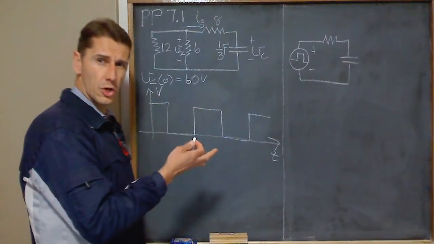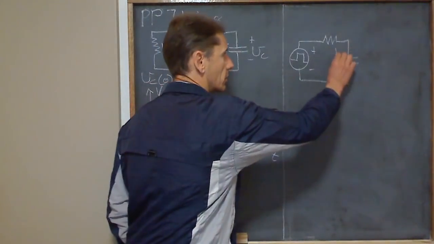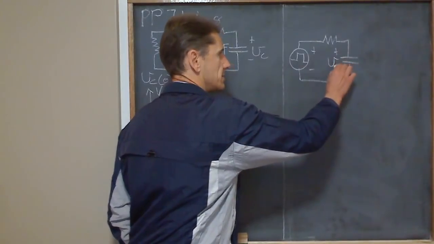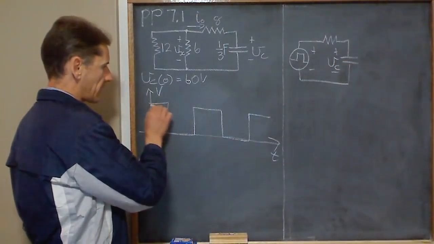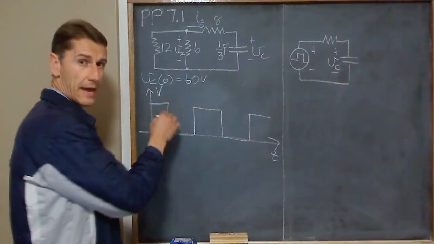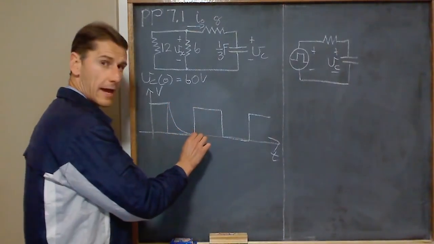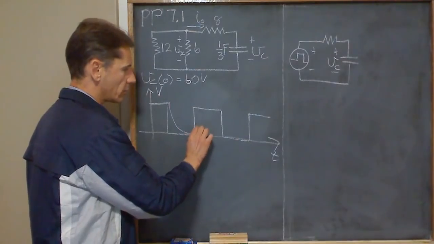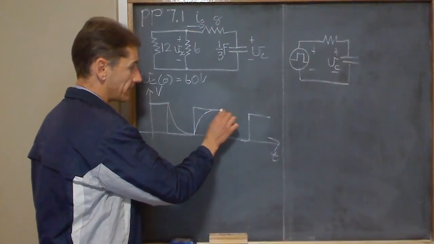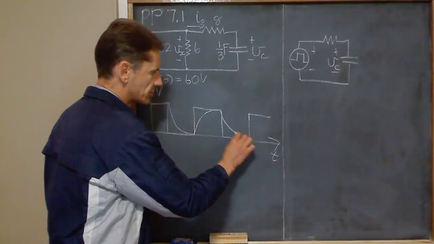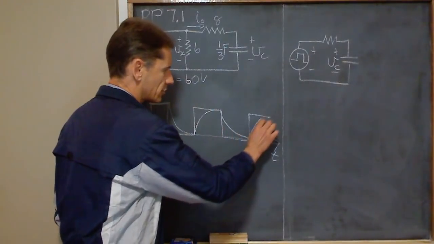And then what the voltage across the capacitor, plus minus that VC, is going to look like is, the capacitor will be fully charged, and then it switches off and it will discharge. And then when your source switches back on, your capacitor will charge again, and then it will discharge again and charge again.